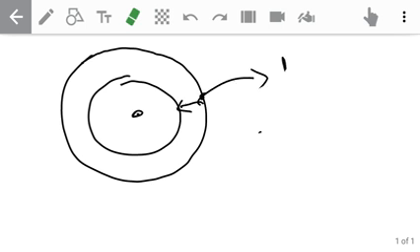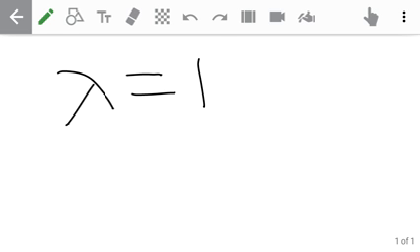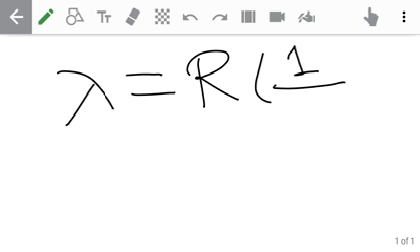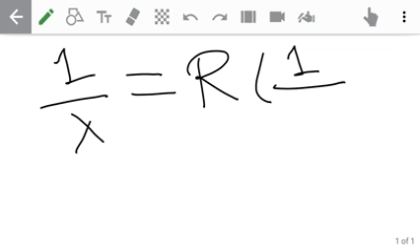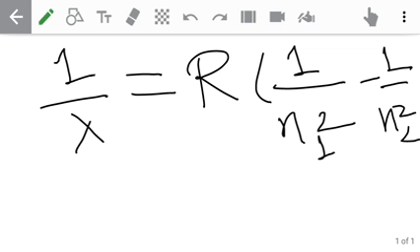Can you write down the formula? No? That formula for finding out wavelength is, sorry, not wavelength, it will be the reciprocal of the wavelength: 1/λ = R(1/n1² − 1/n2²).